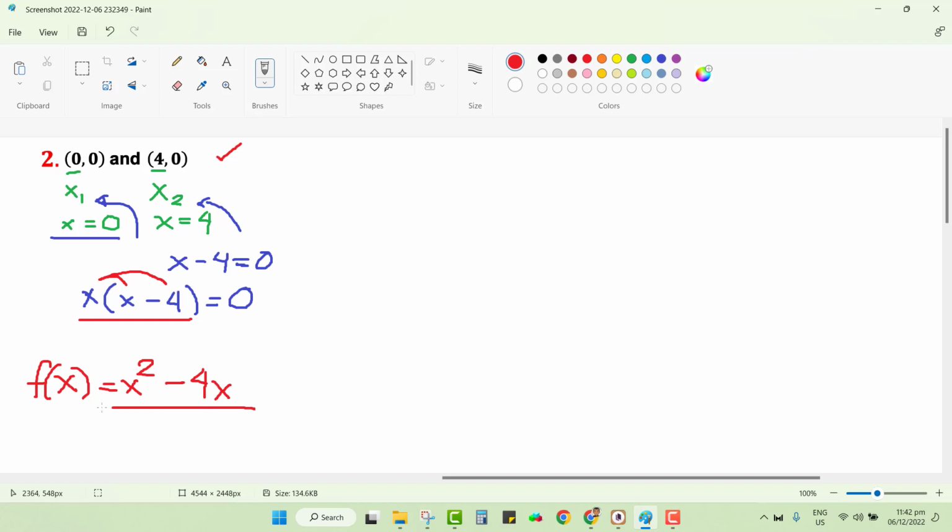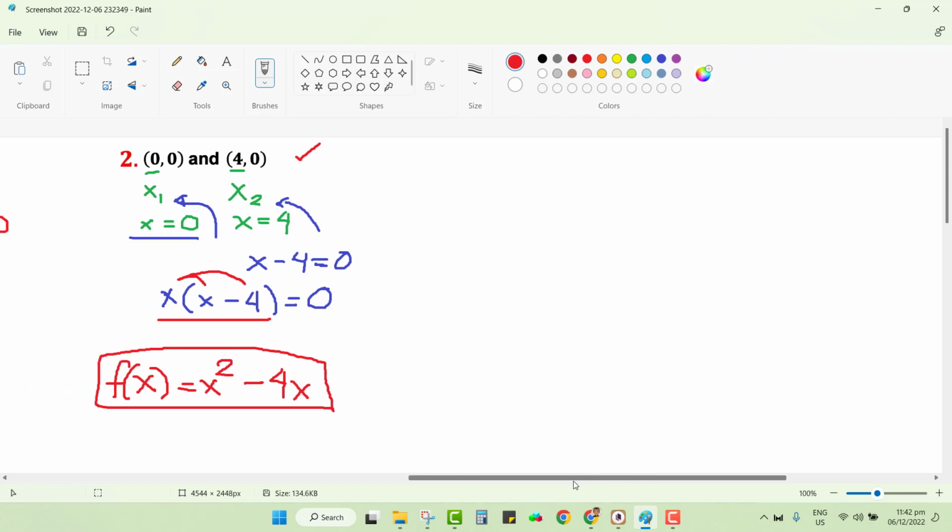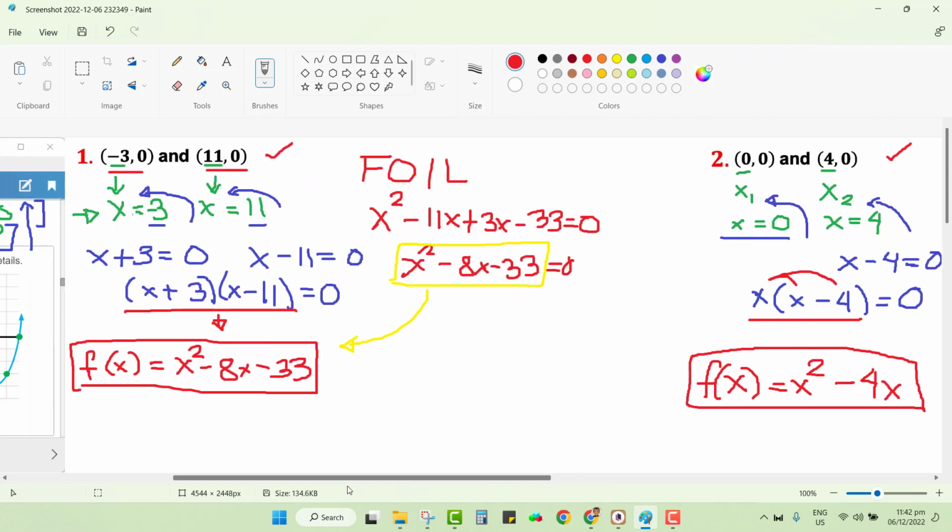This is now the final standard form of a quadratic function using these intercepts. So notice the difference of this with the first one. We used again the reverse operation of the zero factor property.